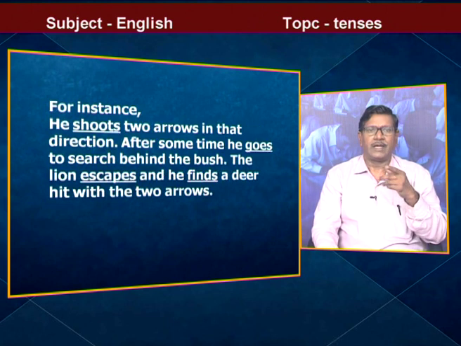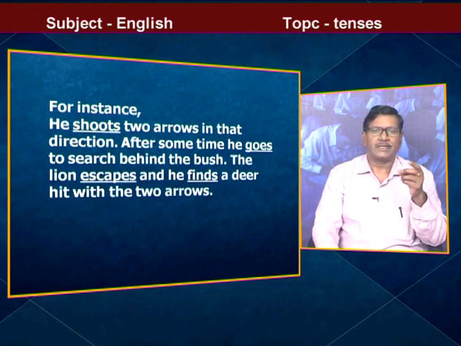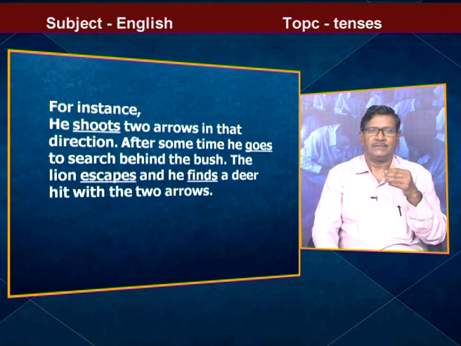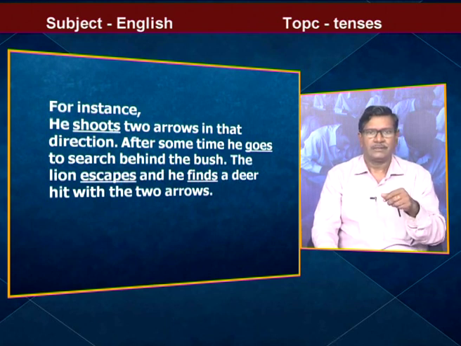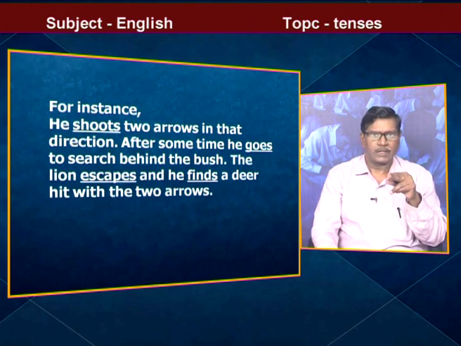He shoots 2 arrows in that direction. After some time, he goes to search behind the bush. The lion escapes and he finds a deer hit with 2 arrows. Because he tried to shoot, he shot 2 arrows in that direction where he noticed a roaring lion.